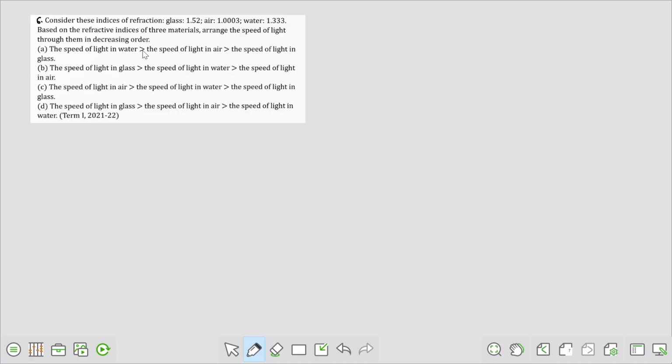N is inversely proportional to speed of light. So here N glass is given 1.52, N air is 1.0003, and N water is 1.333. In which medium do you think the speed of light is greater?